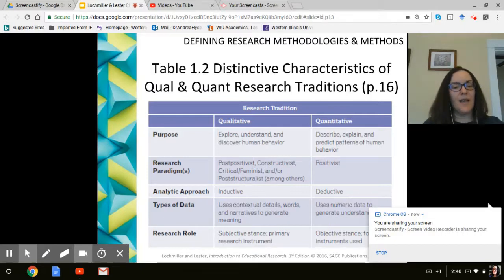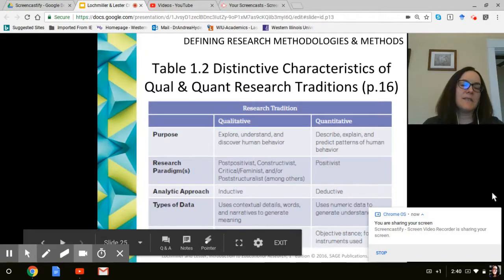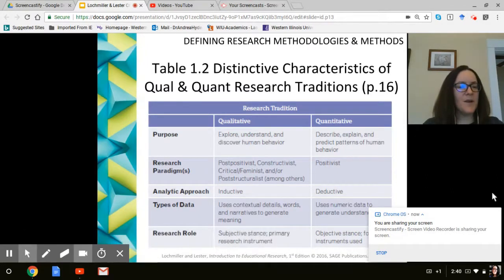So they're saying that quantitative research traditions are going to take up positivist research paradigms, but it's far more likely to see these folks using post-positivist. Positivist is really rare. Researchers have more humility now.